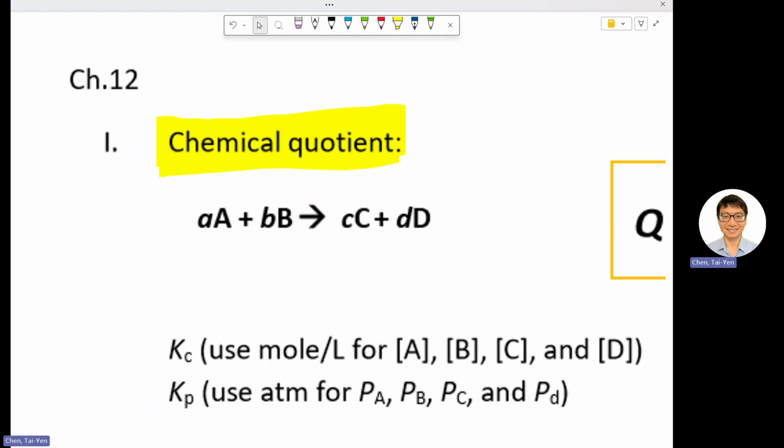Only at equilibrium does your Q become K. Only under that specific condition will Q equal K. Everybody see the differences now? It's very important because many students, even after finishing CHEM2, don't understand the difference between Q and K.